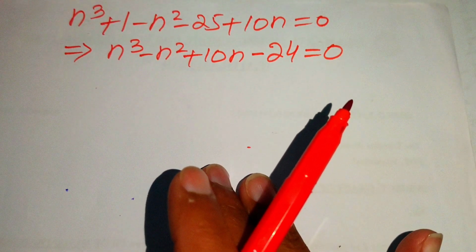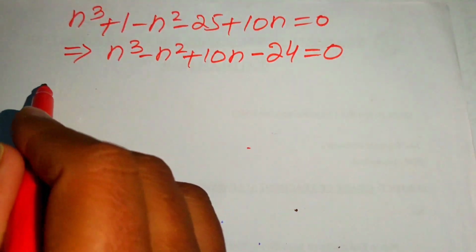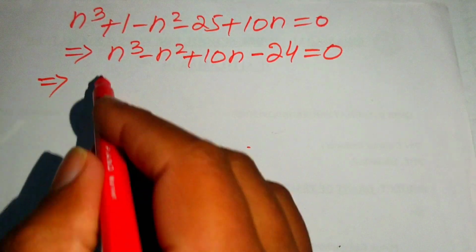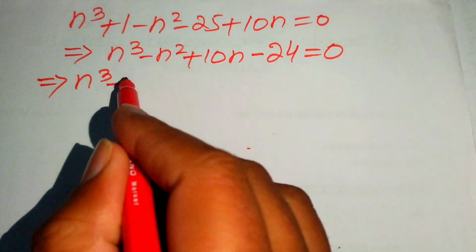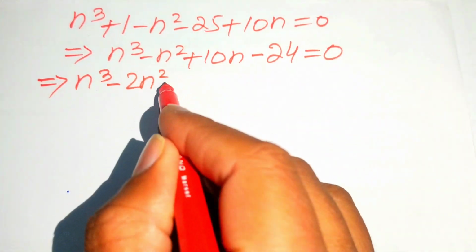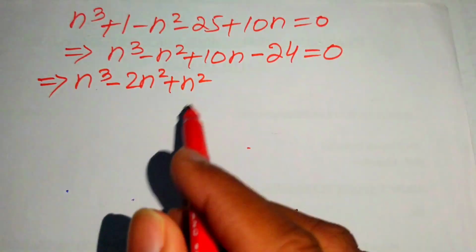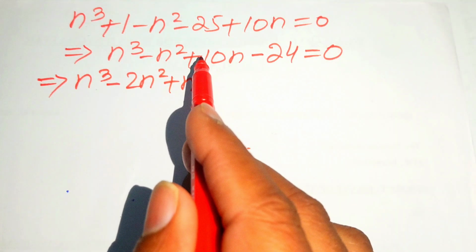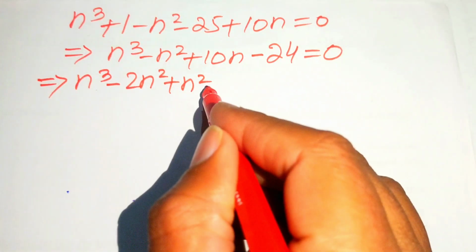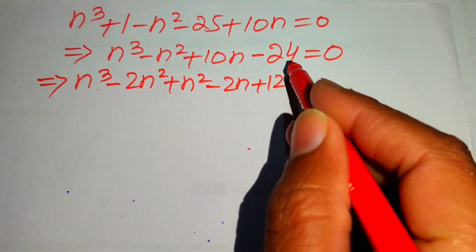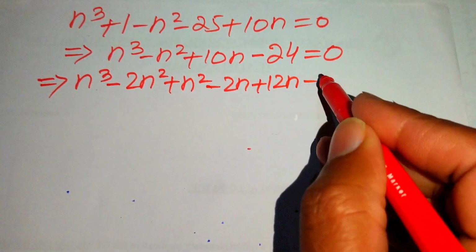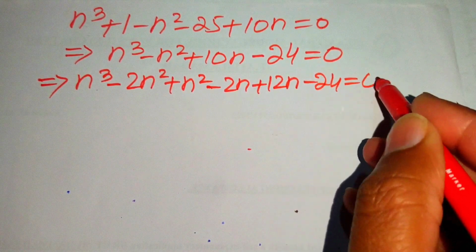In the next step we make the factors of this cubic equation. First we write this n cubed, and we write this minus n squared as minus 2n squared plus n squared, and we write this plus 10n as minus 2n plus 12n, and we have this minus 24 equals 0.